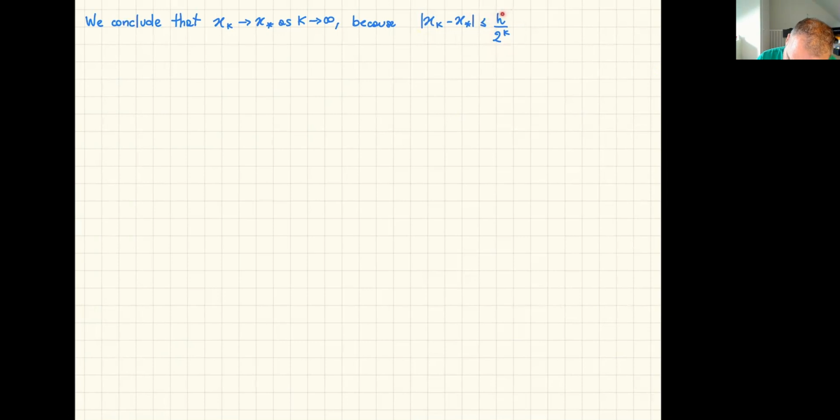The sequence that bounds above the sequence of error also goes to 0, and therefore xk minus x star goes to 0. Now, we haven't yet proved anything about quadratic convergence, or the rate of convergence, and that's what's coming next, which is, I think, much simpler to do. But it has a nice little argument that requires some thought.